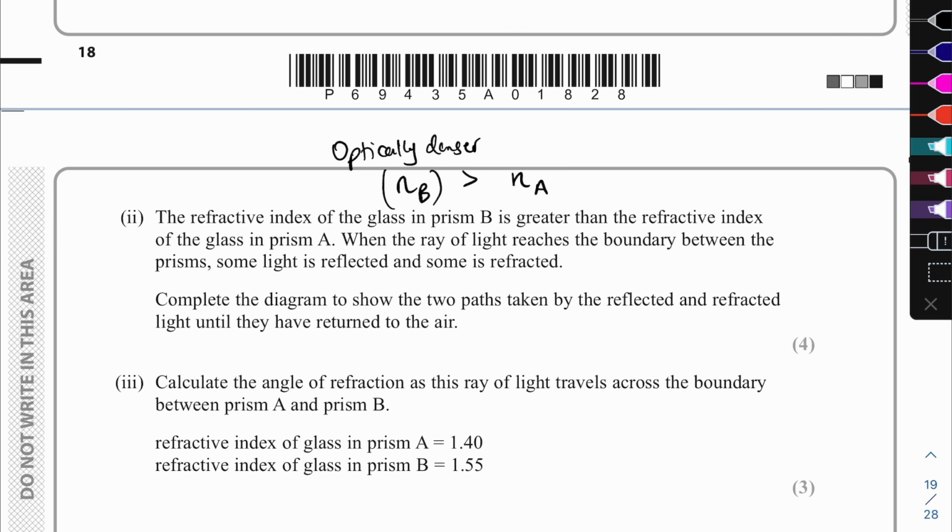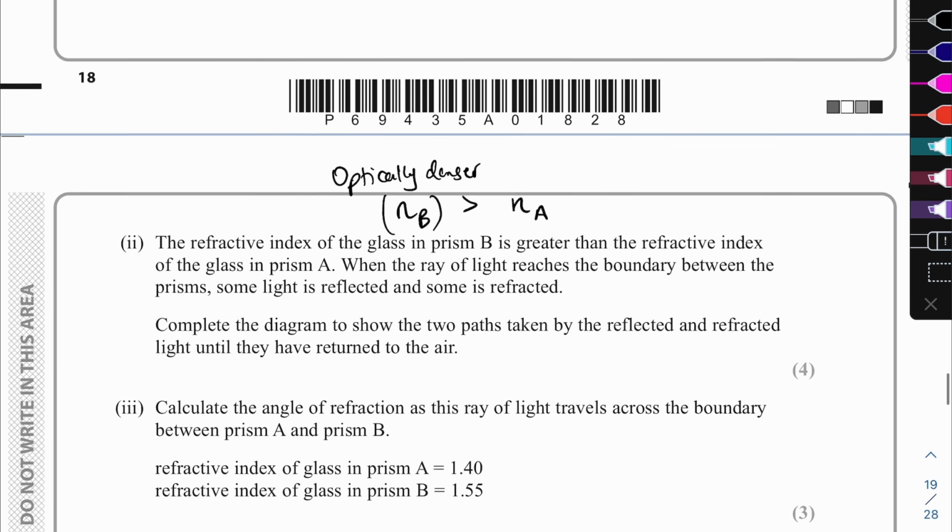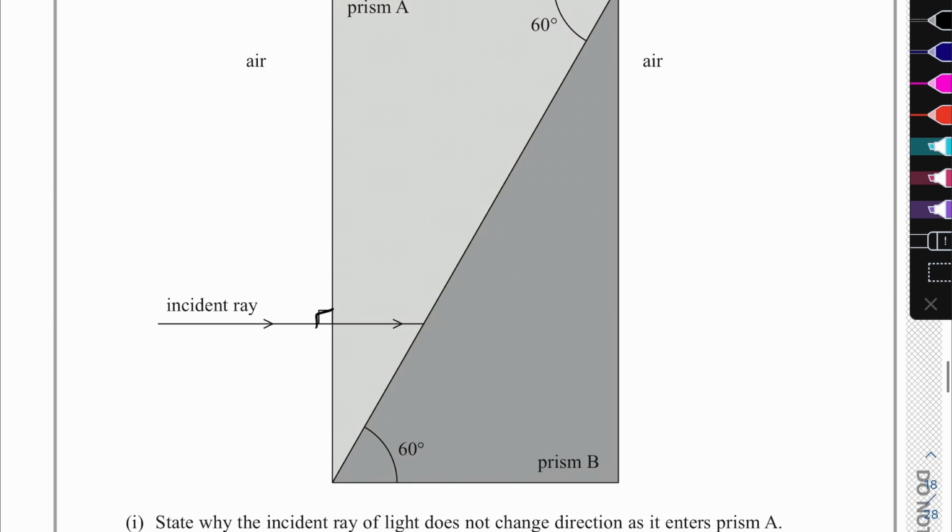Alright, so let's go back. They're saying that this line is being refracted and reflected at some point from here, right? So first let's draw the normal. So this is our normal.